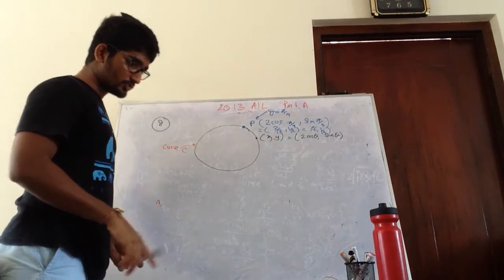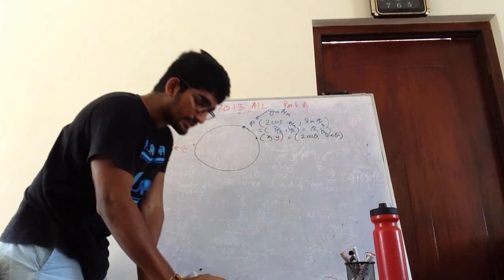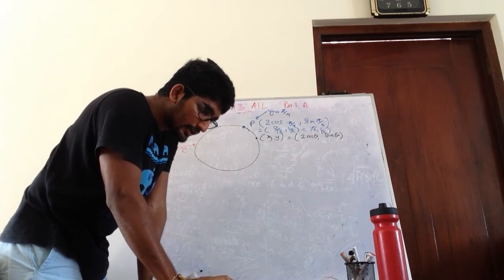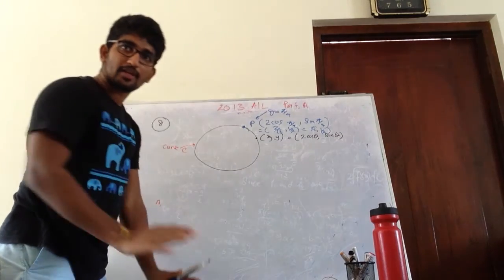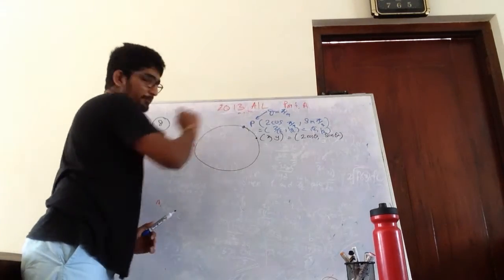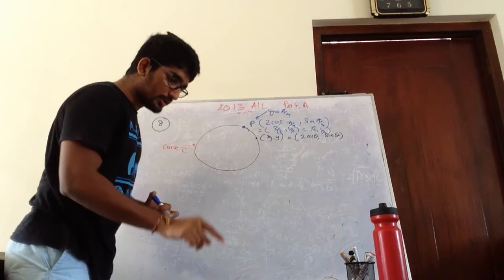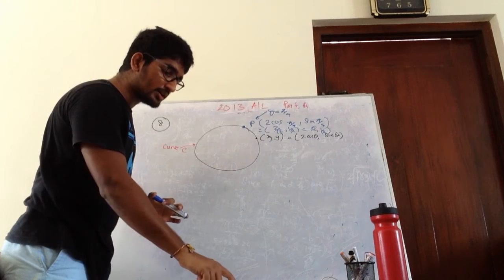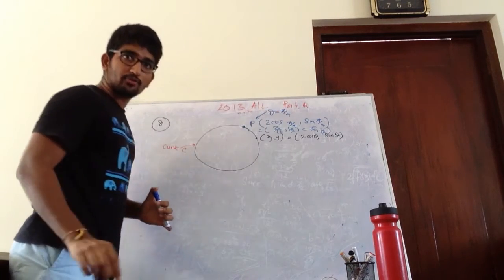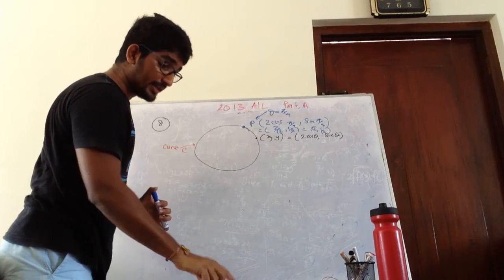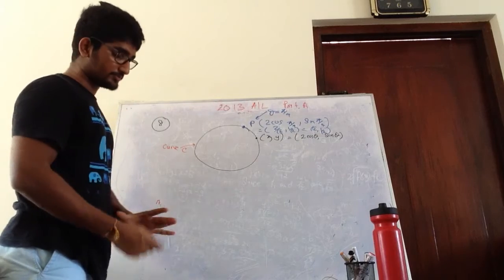So what are they saying? That's clear now? They are saying the normal to the curve C at P, the point corresponding to theta equals 5 pi over 4, meets the curve again at the point corresponding to theta equals alpha.